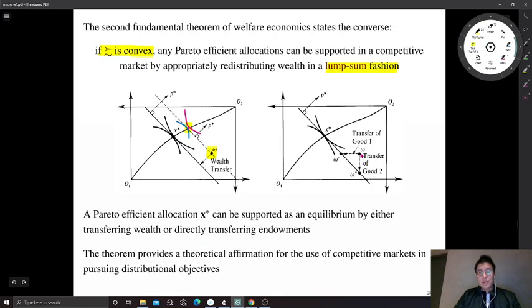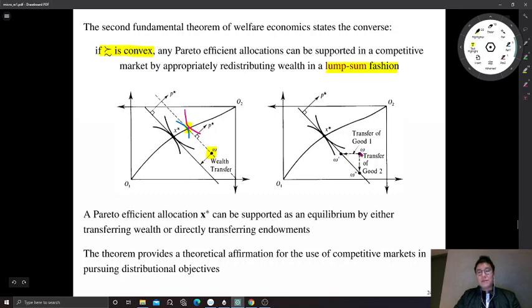The initial endowment was right here, and if consumer A transfers some of his good one to consumer B, that will change the initial endowment point from omega to omega prime.